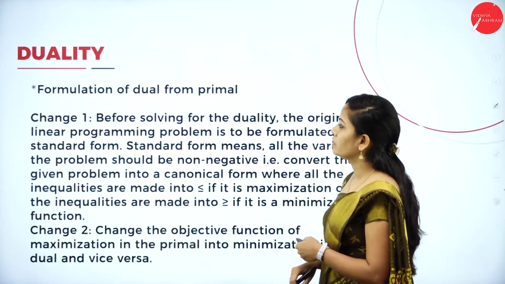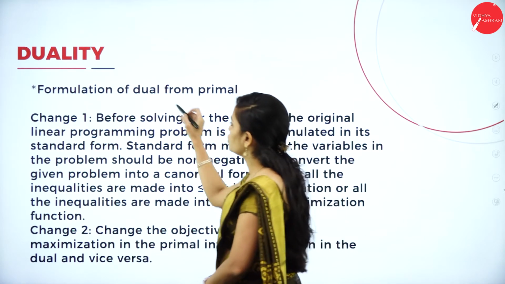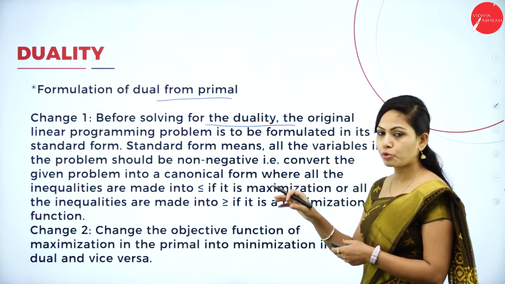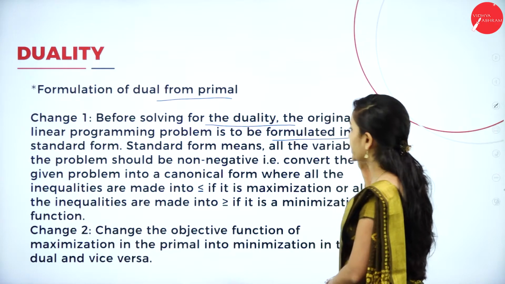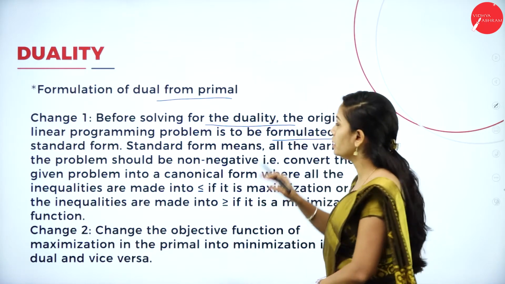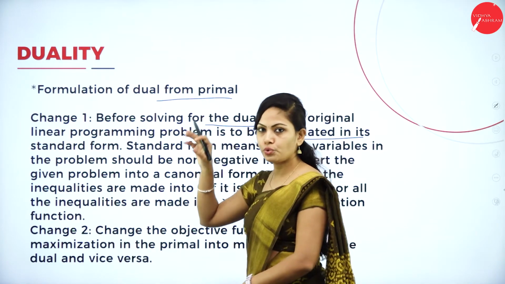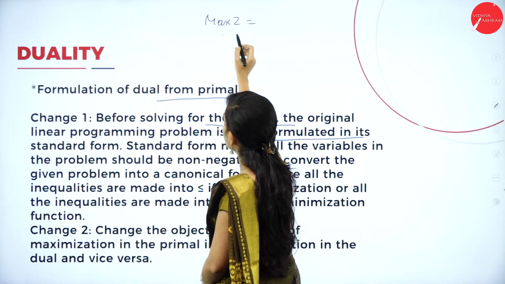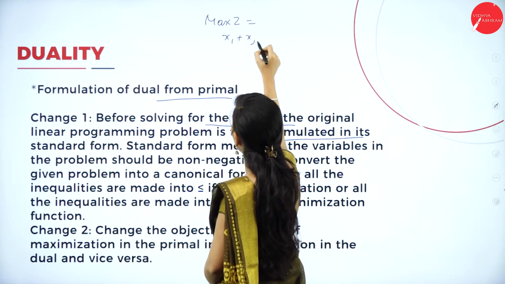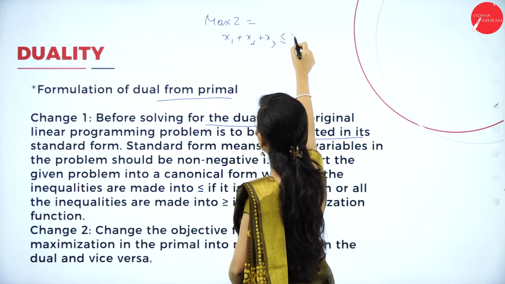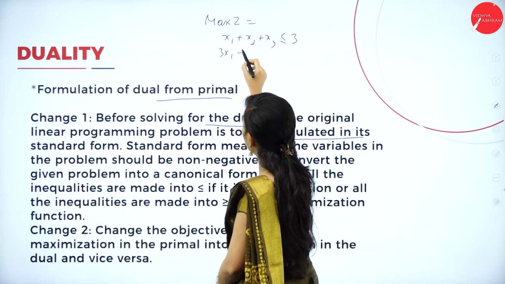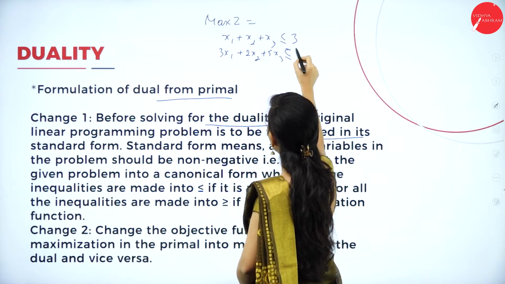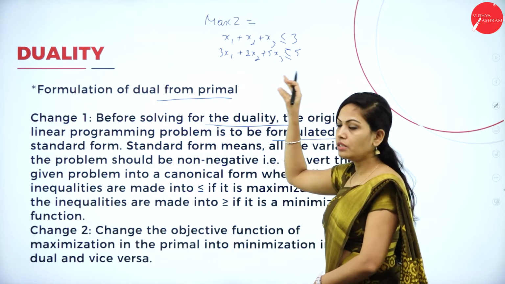So let's understand the formulation of dual from primal. Before solving for the duality, the original linear programming problem is to be formulated in its standard form. So here, before solving for duality, all the maximization constraints, for example x1 plus x2 plus x3 less than or equal to 3 and 3x1 plus 2x2 plus 5x3 less than or equal to 5. Now it is in an inequality form.